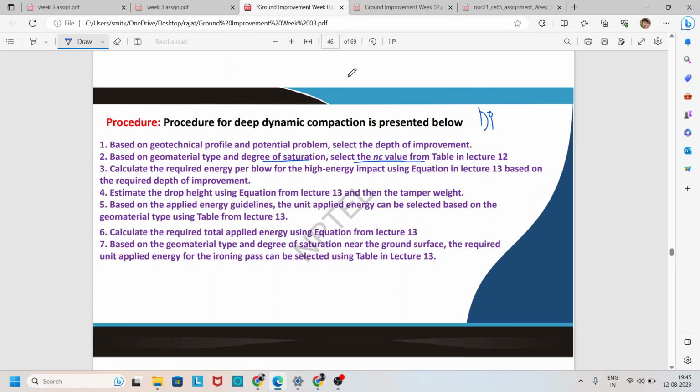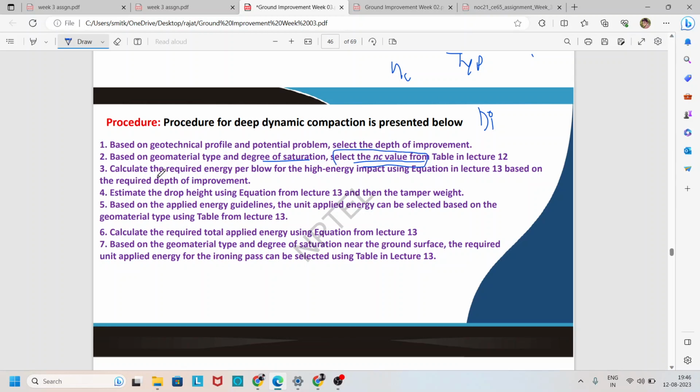We already saw one table given for NC for different types of soil versus degree of saturation, like pervious soil, semi-pervious soil, and so on. For highly saturated soil, the NC value is less. For low saturated soil, the NC value is high. So by degree of saturation, we have to choose the NC value.